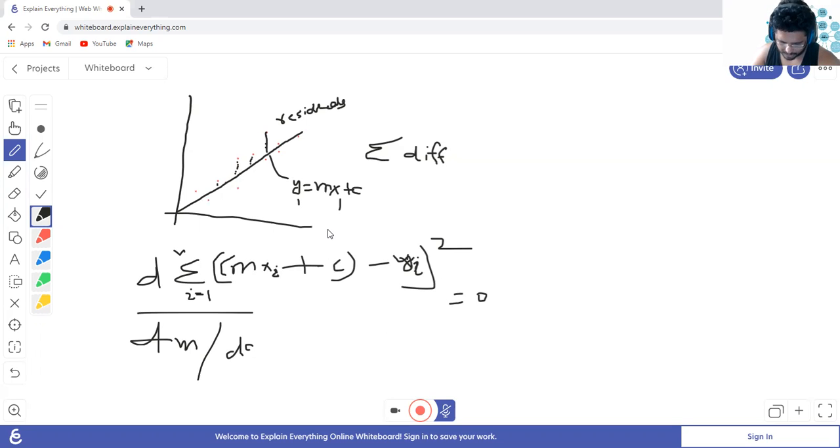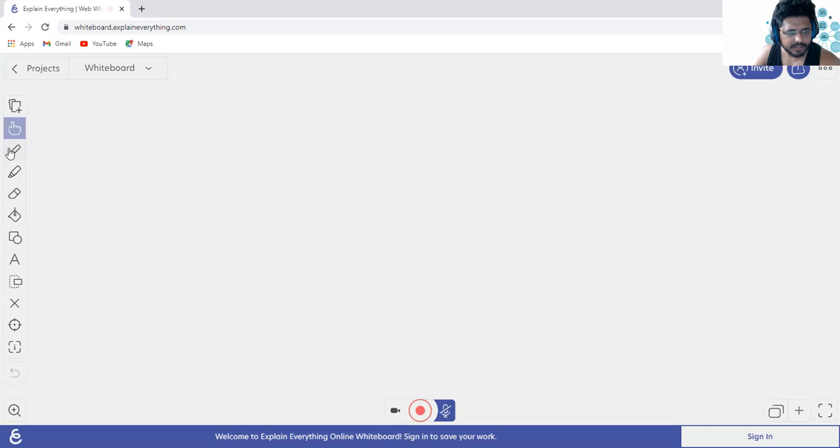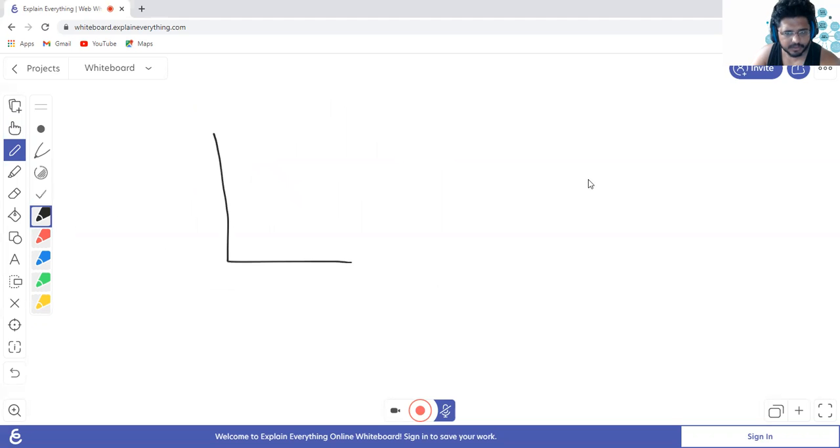So now we have this question in mind: we got a best fit line, true, but how good is this best fit line? If I give you two examples here, in this one the points are distributed like this, and in this one the points are distributed like this.